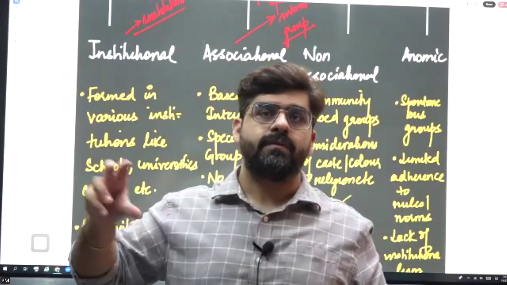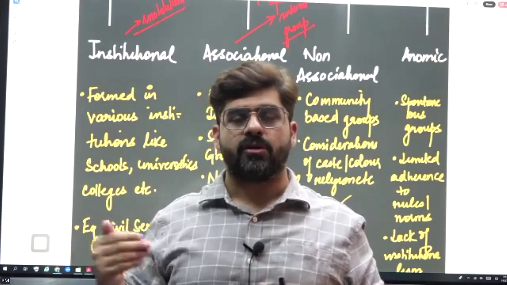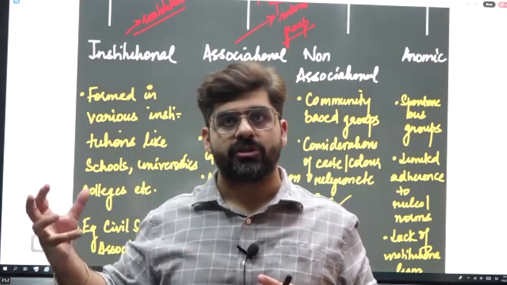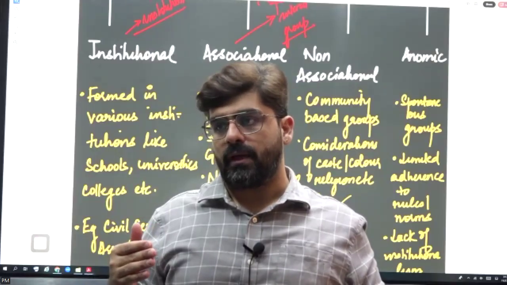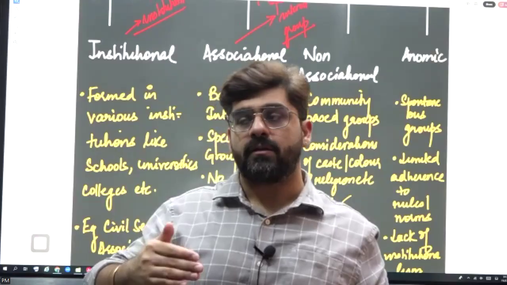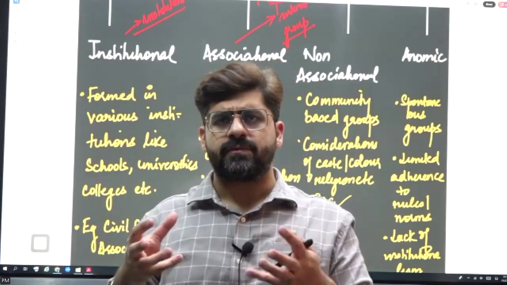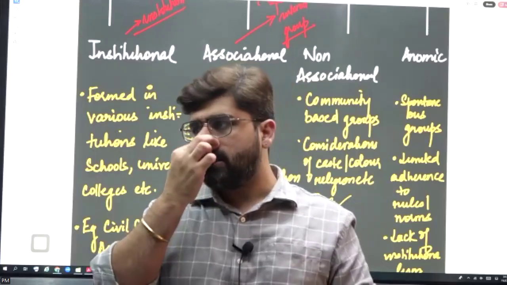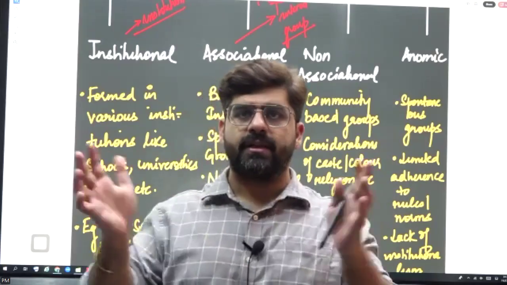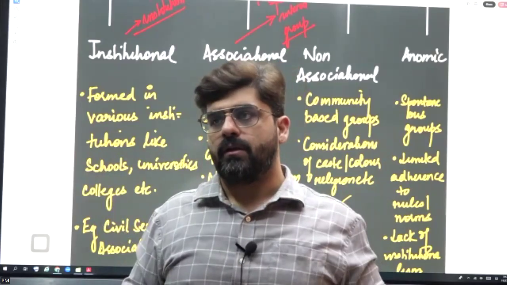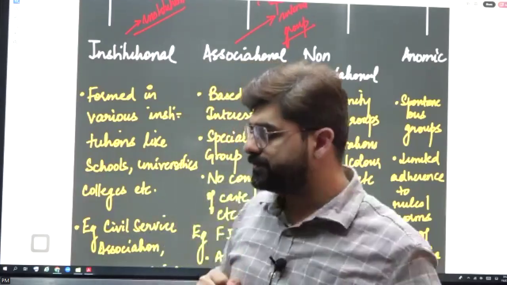For example, we have a civil servants association, or an IAS association, or an IPS association, or the ex-servicemen, ex-military servicemen association. These are all associations which were formed within the administration or within an institution. The larger category is within institution. So whenever such a pressure group is formed, we call it an institutional pressure group.